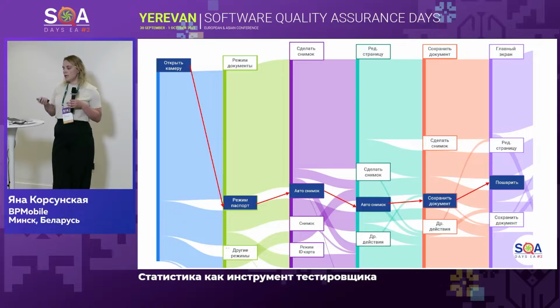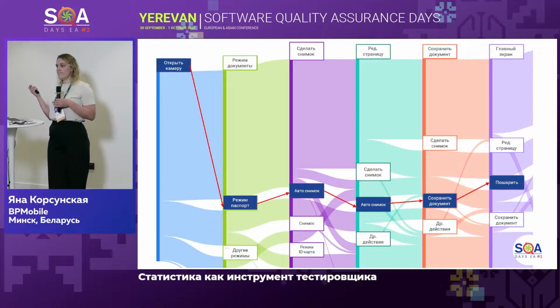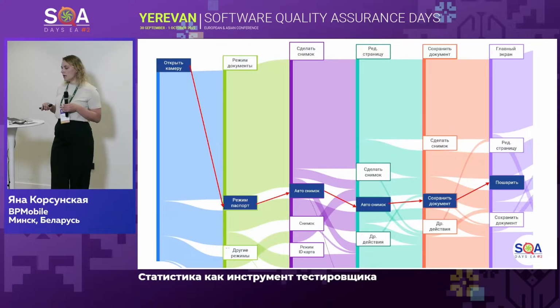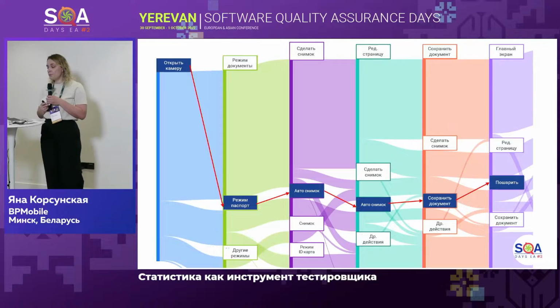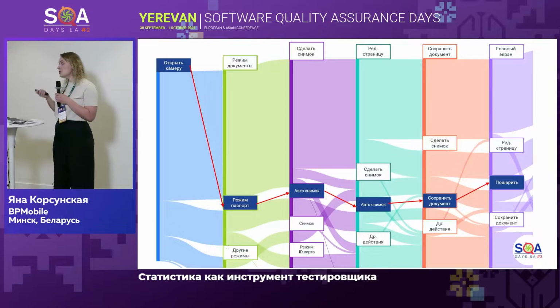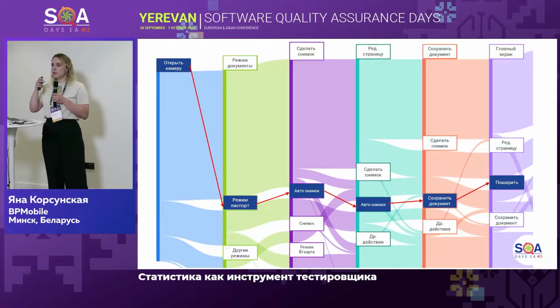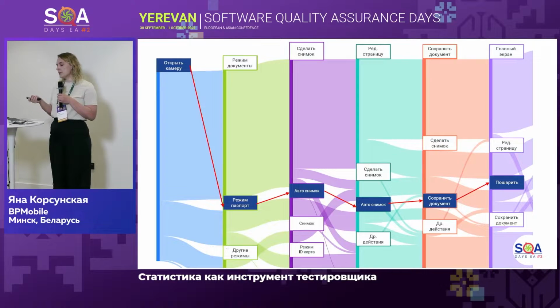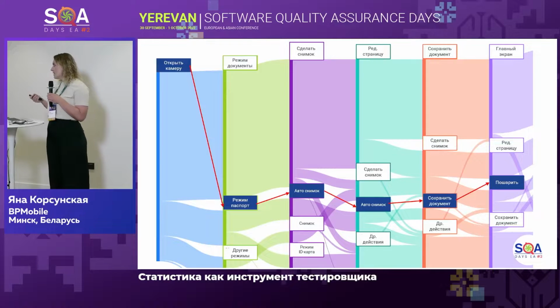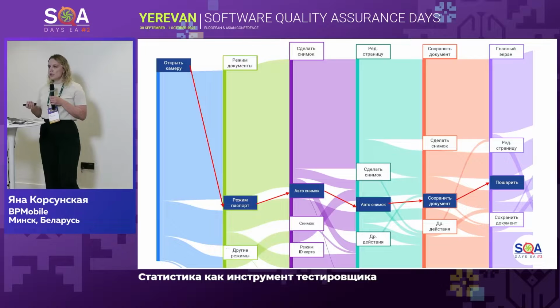But if we look at how the streams are distributed, we'll see that the next popular mode is the passport mode, and the passport mode can detect the borders of the passport and shoot automatically. Here are the differences from the previous scenario.